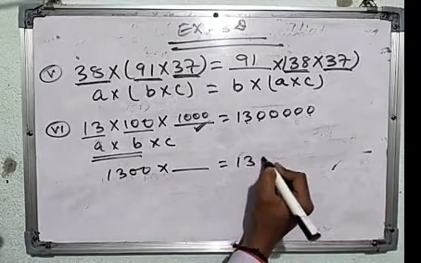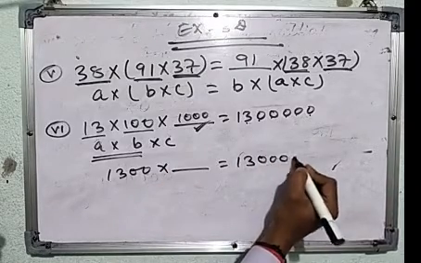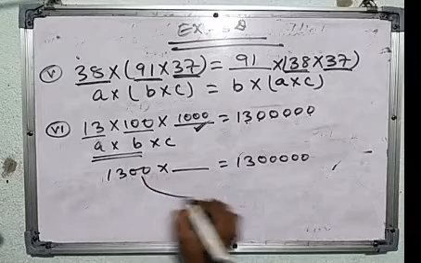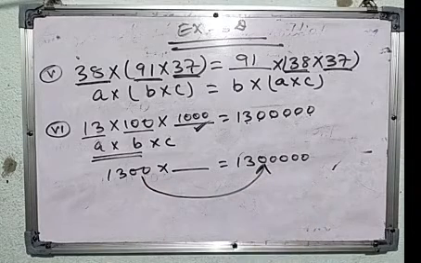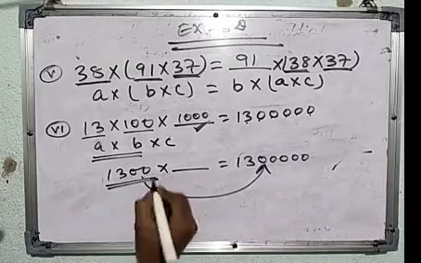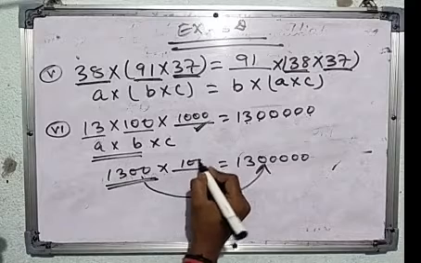And your product is 13 lakh. So you divide 13 lakh with 1300, we get 1000.